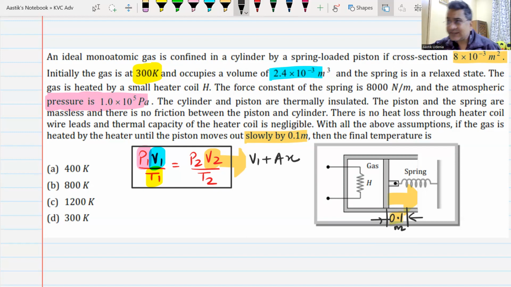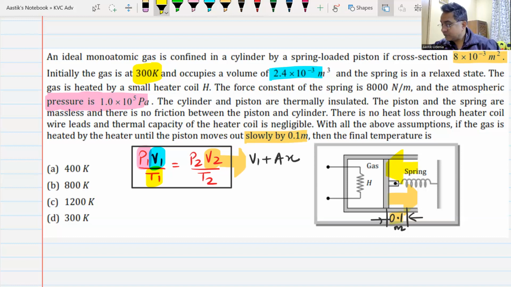Final pressure. Now you will say, sir, this is open to atmosphere, so the final pressure would be the same. Yes, but apart from the atmospheric pressure, the spring is also now pushing it like this. Yes or no?